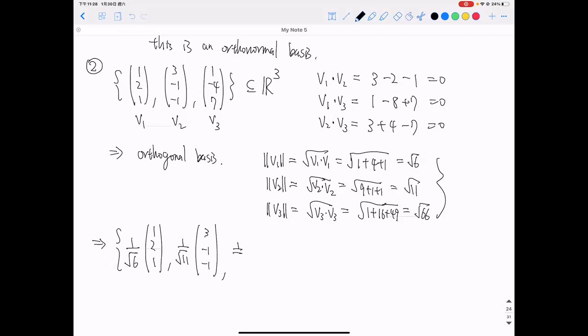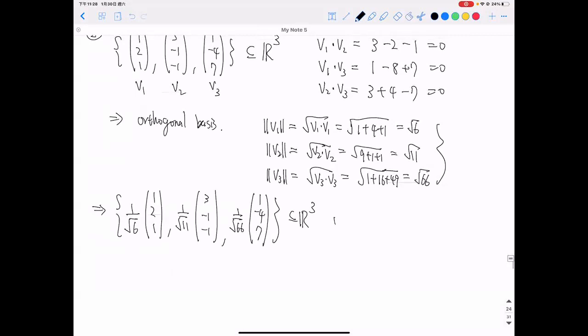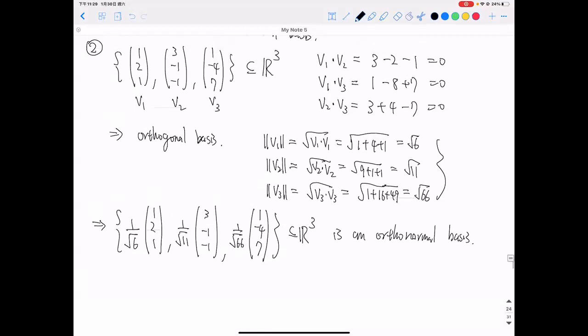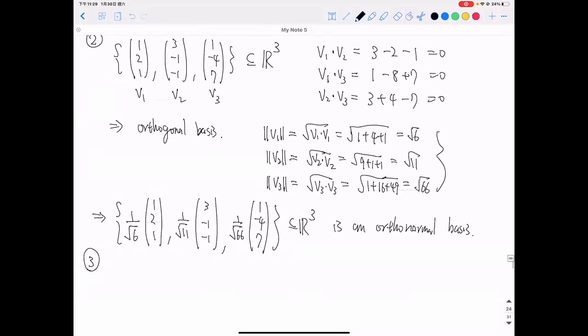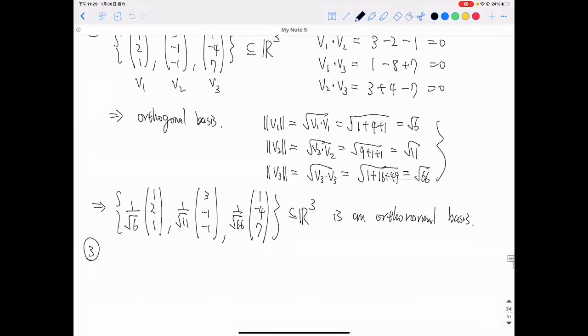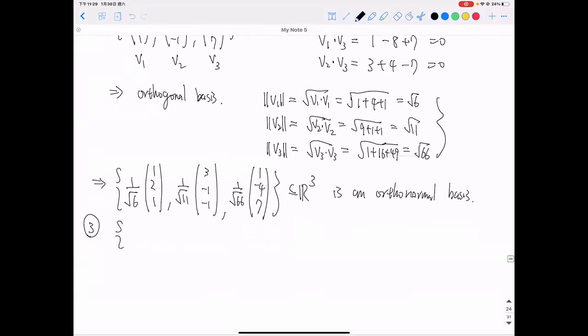So if we just rescale these vectors like that, now these vectors have length 1, and this is an orthonormal basis. And in fact, what we just did, namely rescaling these vectors, is something that we can do in general.